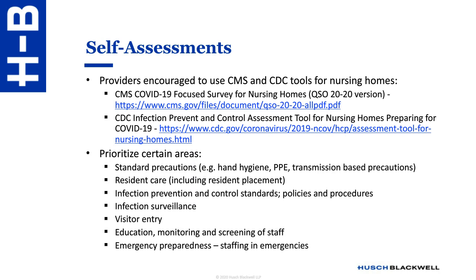Resident care, including resident placement. It's very important that facilities have a plan for if you do have your first COVID positive resident. The general recommendation is to do resident cohorting, and facilities that are doing that are having more success and fewer survey issues than those that are mixing their COVID positive with their COVID negative residents.